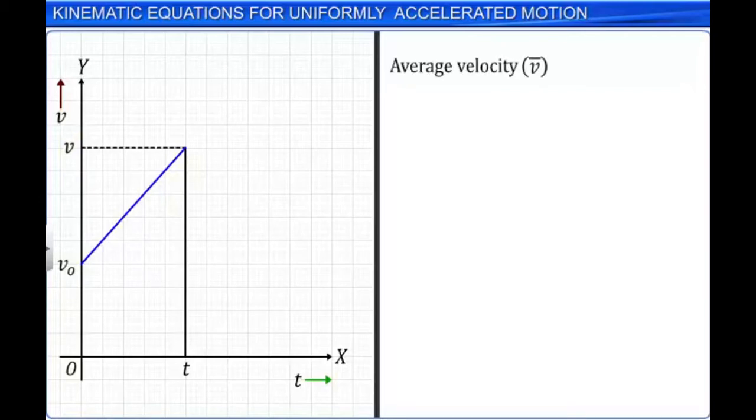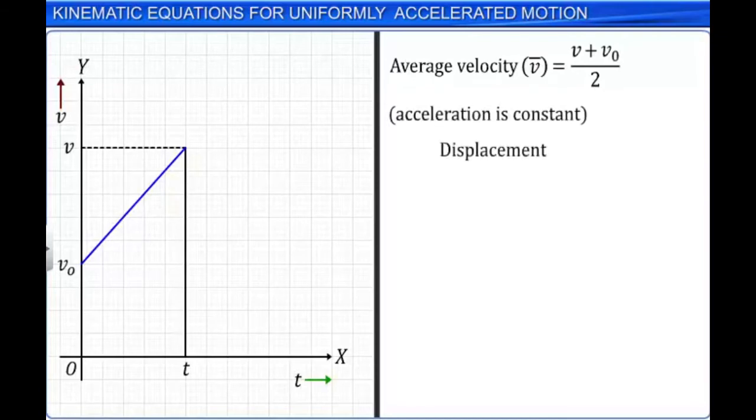That is, the product of v' and t. From equation 1, v is the sum of v0 and at. By rearranging the equation, we get time t equal to the ratio of the difference of v and v0, and a.